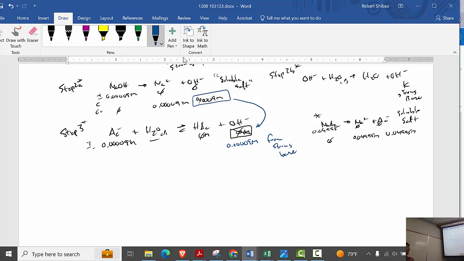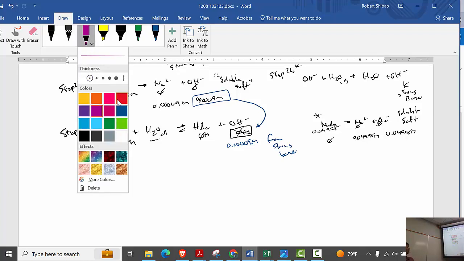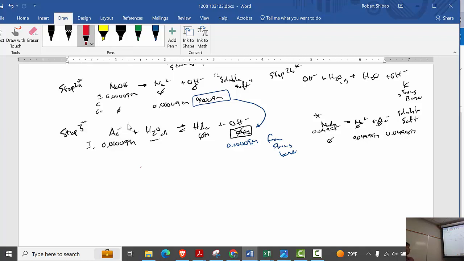All right, I made a mistake here. We're starting off with this amount of acetate, so it's going to go over here, and that's going to be 0.04995 molar.